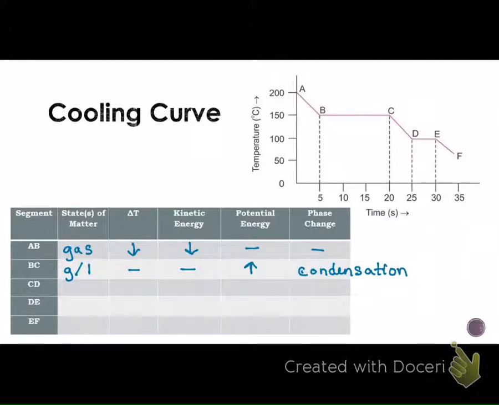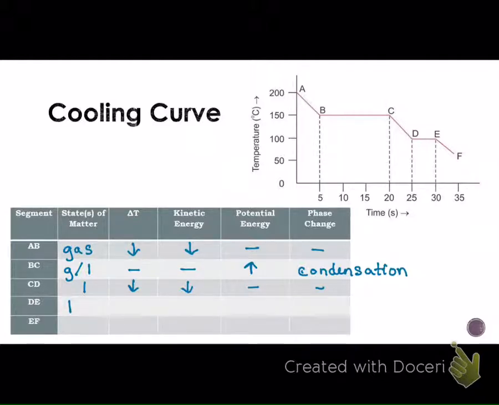Segment CD, we see a slope again, so we are now all the way into the liquid state. Delta T is decreasing, so again, we're slowing things down. Potential energy is going to remain constant here, no phase change taking place. In segment DE, this is where we're going to go through another phase change.